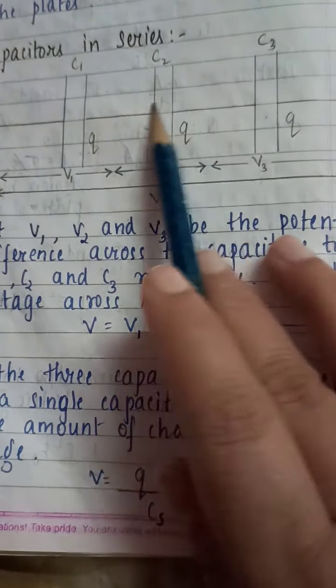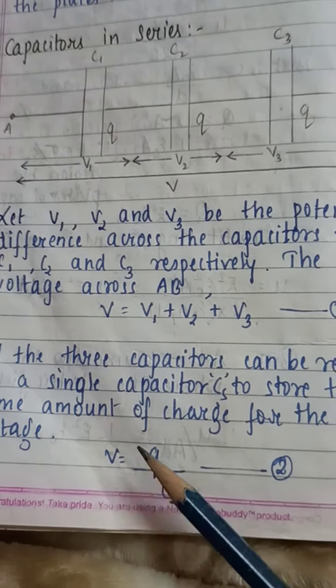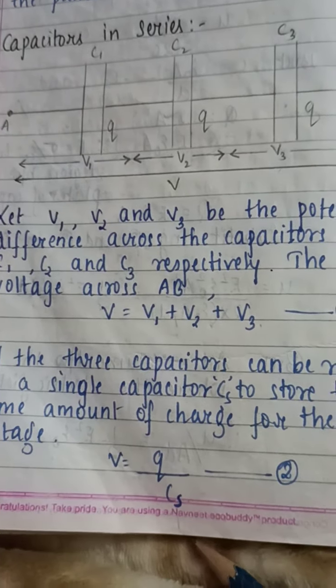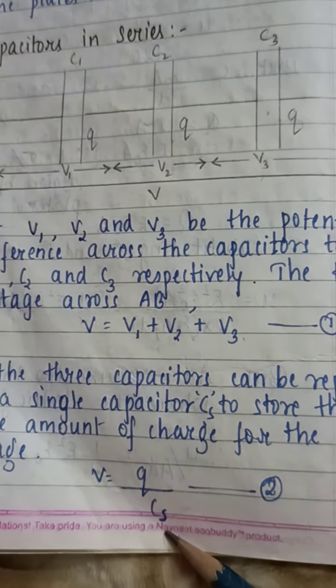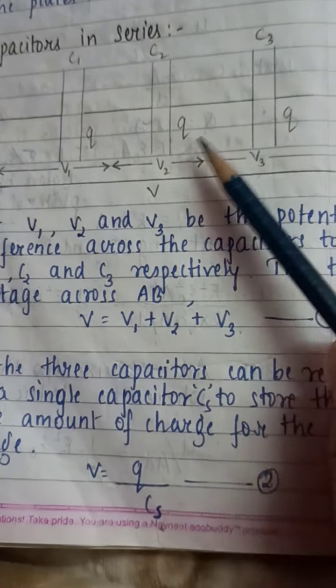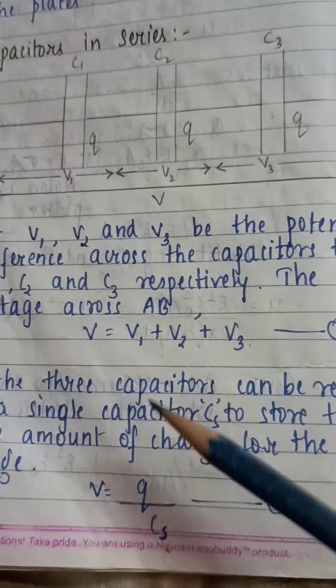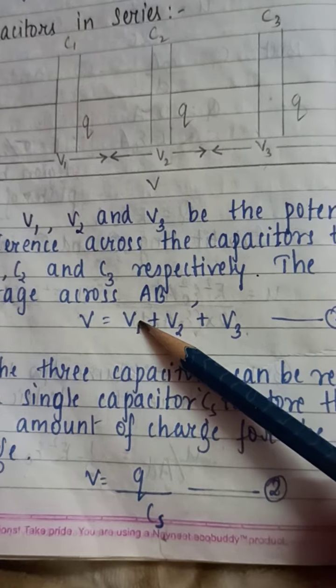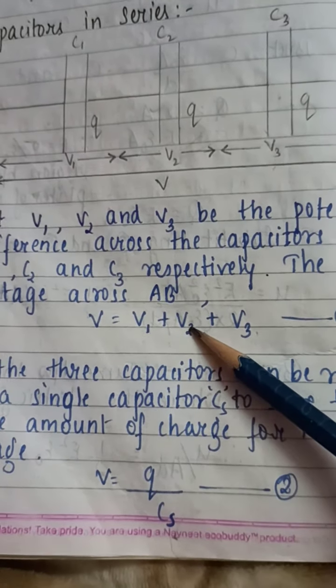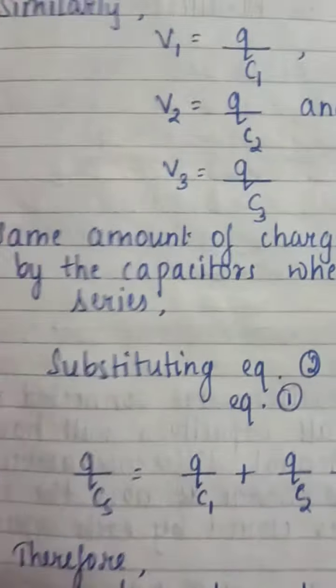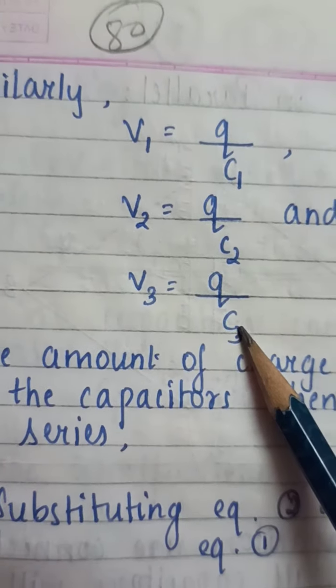And in overall voltage, the effective voltage will be V equals Q by CS, where CS is the equivalent capacitance of the three capacitors. So V1 will be equal to Q by C1, V2 is equal to Q by C2, and V3 equal to Q by C3.